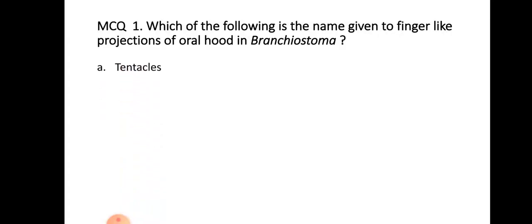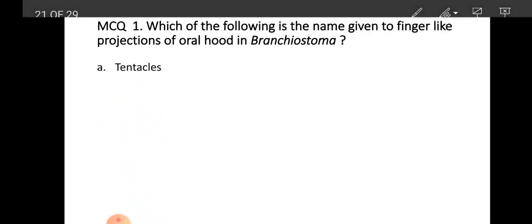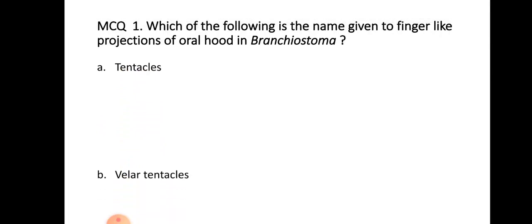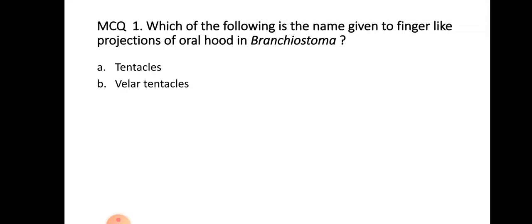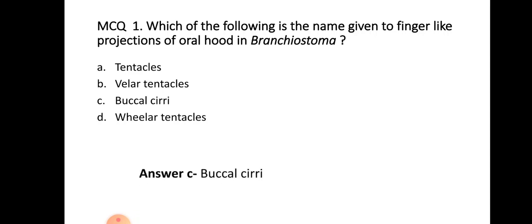Your options: tentacles, velar tentacles, buccal cirri, or velar tentacles. Now what's the answer? The right answer is option C, the buccal cirri.